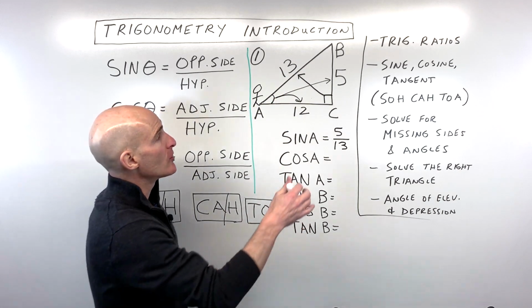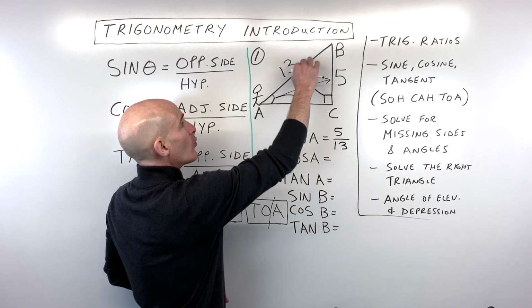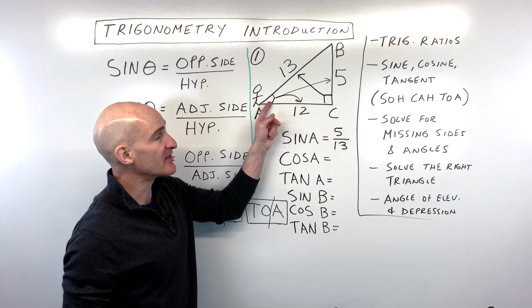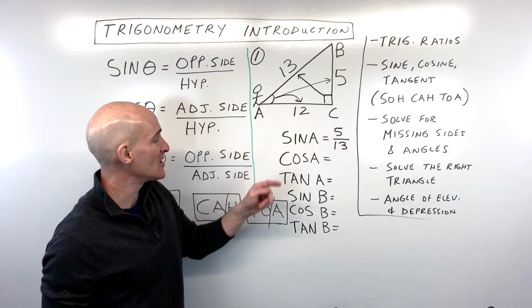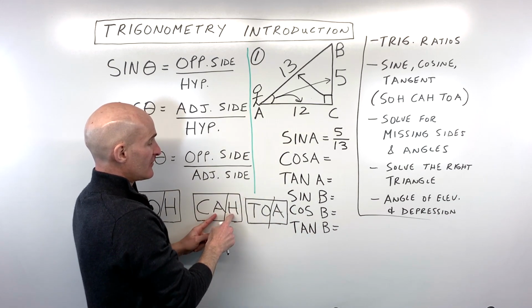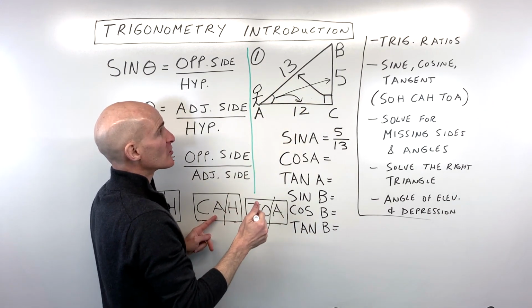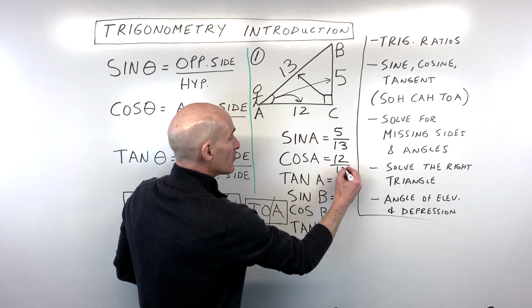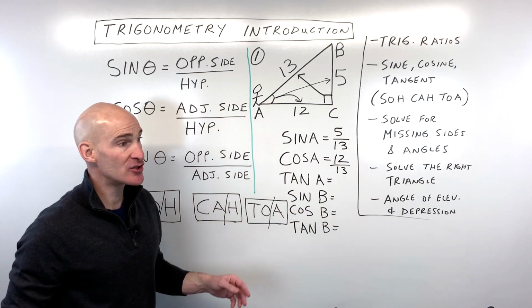That's true, but the one across from the right angle, we always call that the hypotenuse. So the adjacent side would be the other side that's next to the angle, but not the hypotenuse. So again, cosine is adjacent, meaning next to the angle, divided by the hypotenuse, the one across from the right angle. So this is going to be 12 over 13. That's our cosine ratio for angle A.